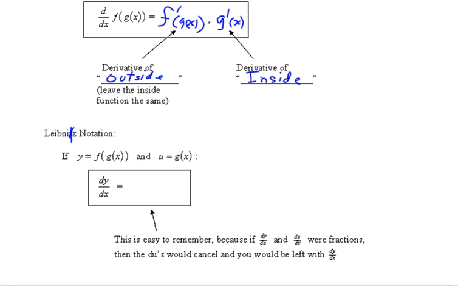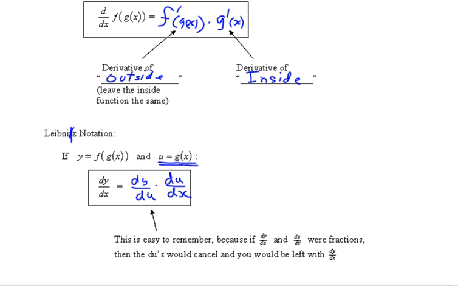If we use the Leibniz notation, we redefine the inner function as u. And u is the favorite substitution letter that we're going to use all the way through the course. So u will stand for the inner function quite often. The way this works is we take the derivative of y with respect to u and follow it with the derivative of u with respect to x.